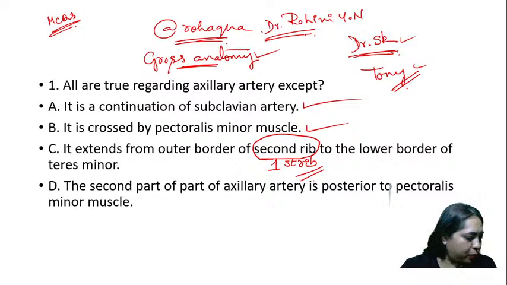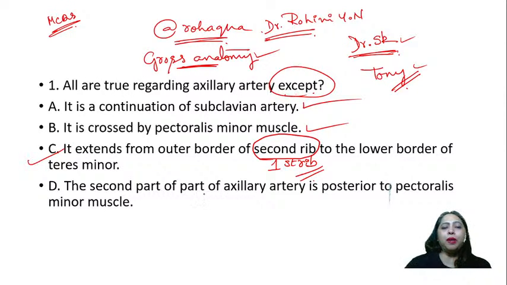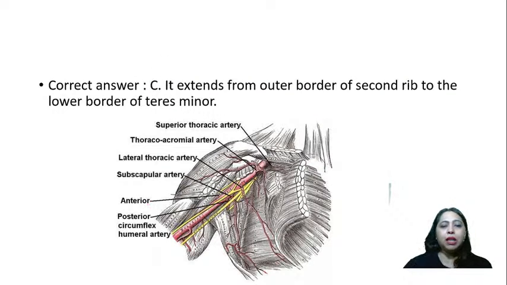Okay. So first, yes, the answer is C. You have to find the incorrect one. The second part of the axillary artery is posterior to pectoralis minor. So you remember, this pectoralis minor divides the artery. So you have this pectoralis major, minor, and this divides the artery, and you can see how it extends from here, and see the relation of the median nerve.